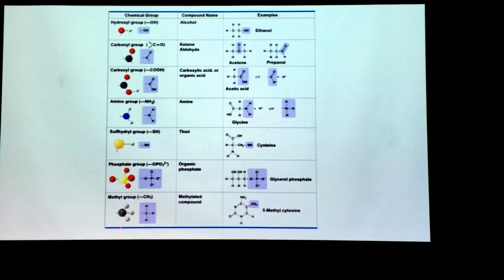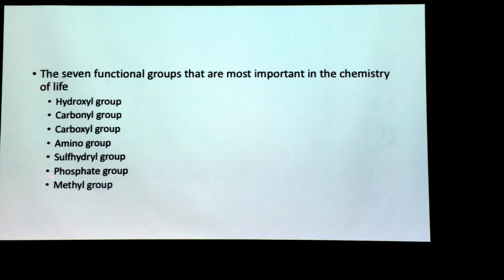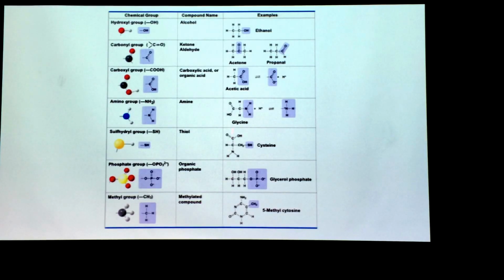So your job is to memorize these 7 functional groups. The hydroxyl group, carbonyl group, carboxyl group, amino group, and so on. You have to memorize the name and memorize the shape. OH, CO, COOH, NH2, and so on. These functional groups make any particular molecule do a different type of job.